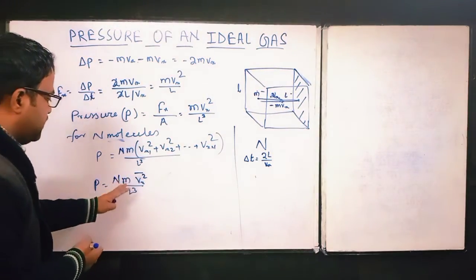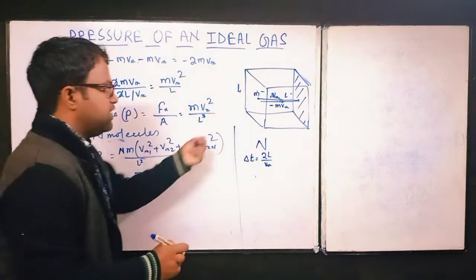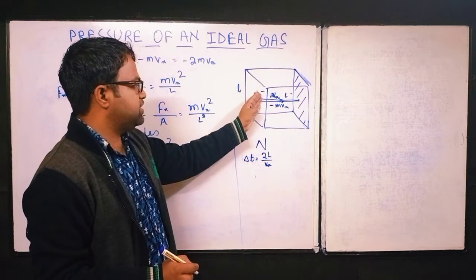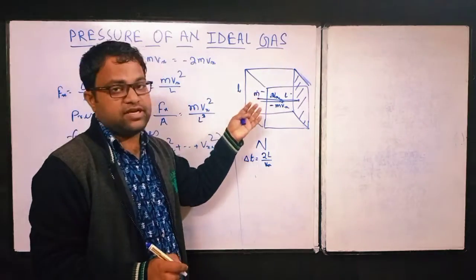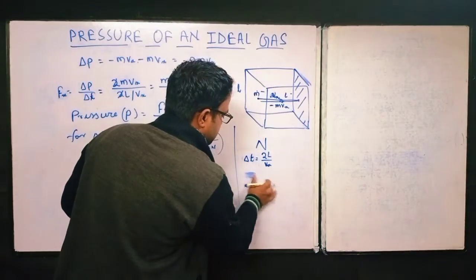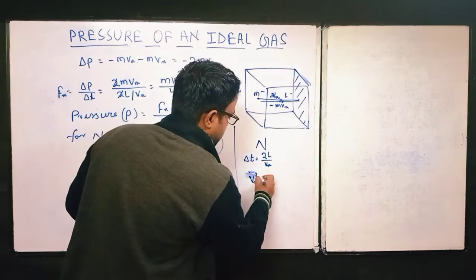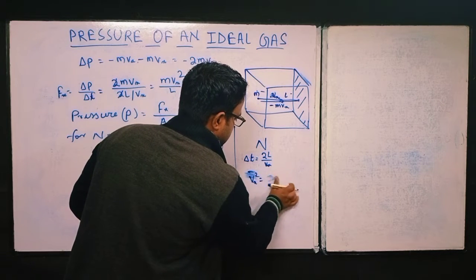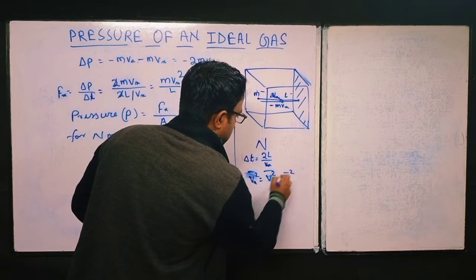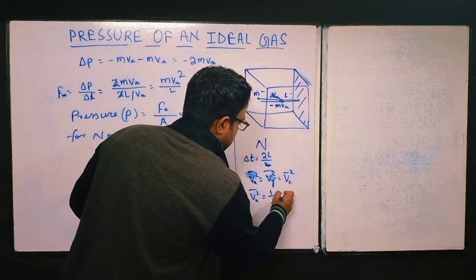Now, this vx square average: so far we considered only one direction, but the molecule can also strike in the y direction, and there are chances it can strike in the z direction also. So it will have velocity in all directions, so vx square average equals vy square average equals vz square average, or vx square average equals 1 by 3 V square average.